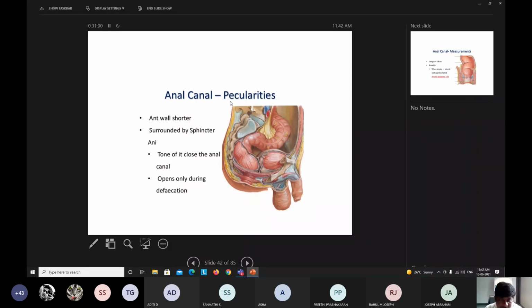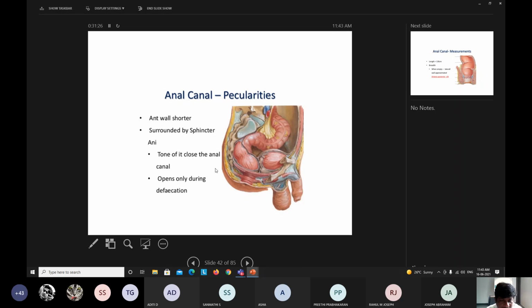What are the peculiarities of the anal canal? The anterior wall is shorter than the posterior wall. It is surrounded by the sphincter ani muscle, and by its tone it closes the anal canal. Except at the time of defecation, the rest of the time it is closed by the tone of the levator ani muscle. Levator ani acts as a sphincter.